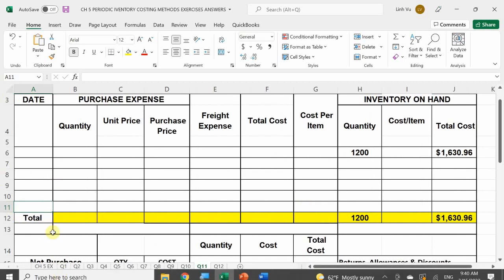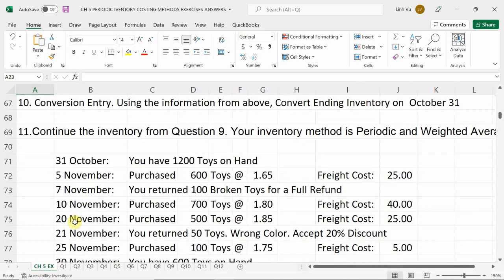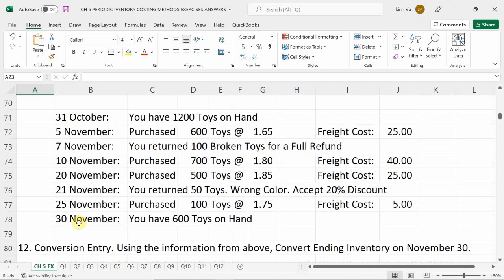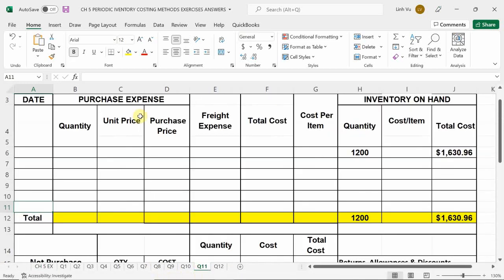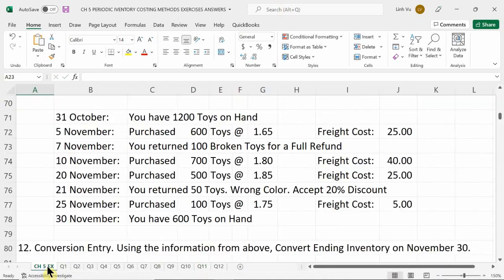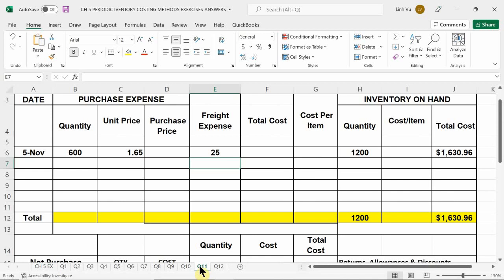So in this case, let's see what happened next. Okay. November 5th, we end up purchasing 600 toys at $1.65 with a freight of 25. So 600, $1.65, and 25. Let's check that again. So 600 at $1.65 with a freight of 25. Okay.